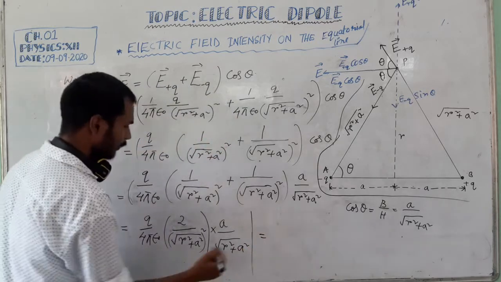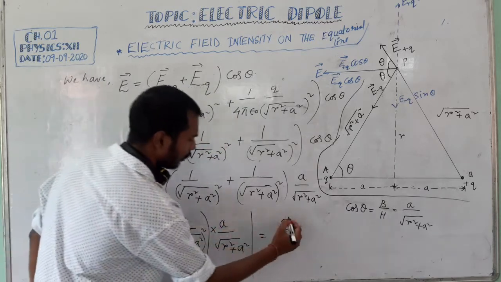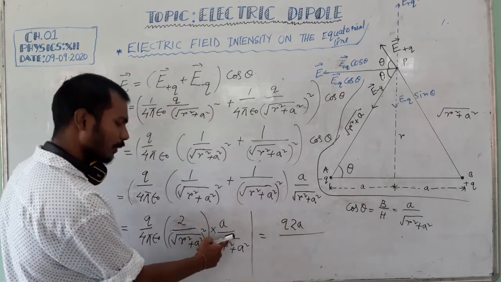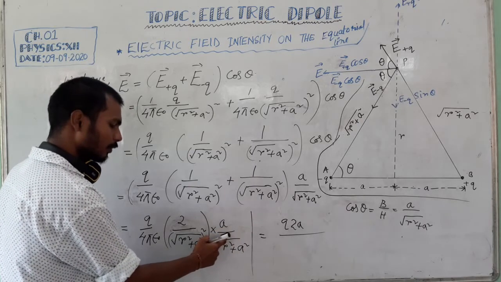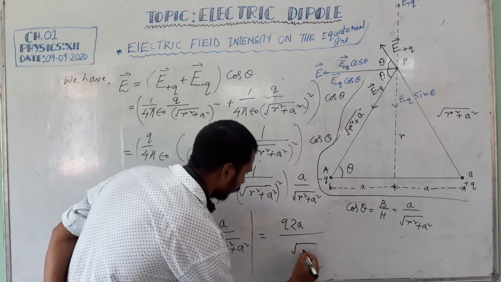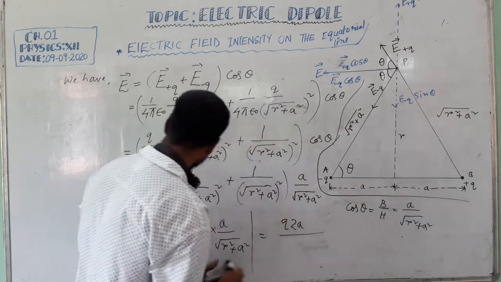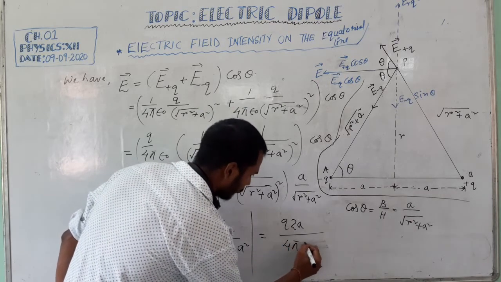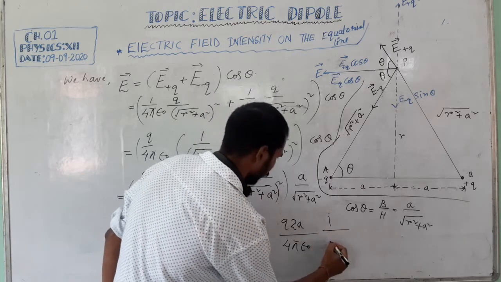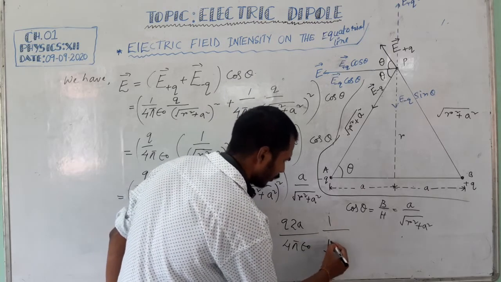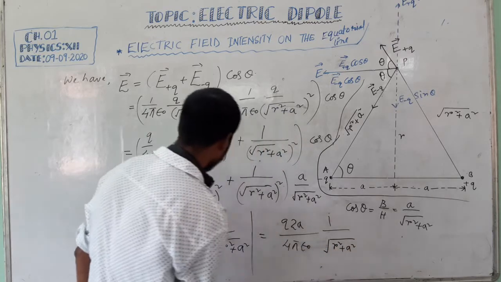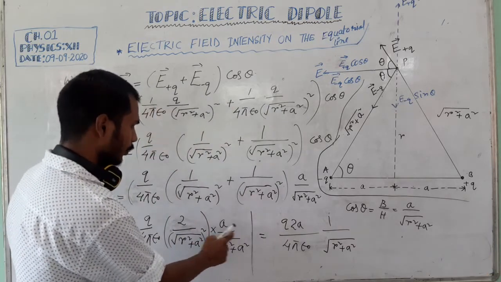Next we can write this as q into 2a, means twice a, divided by 4 pi epsilon naught, and 1 by root over r square plus a square. Here is square and here is one term, so square plus 1 is 3.